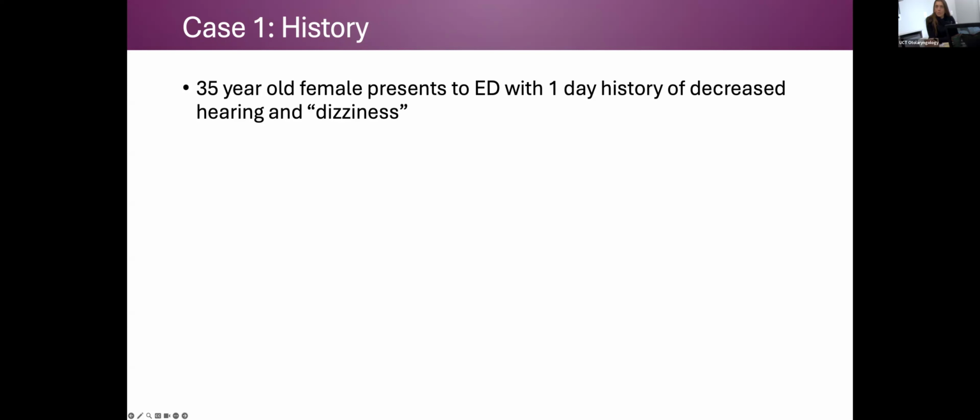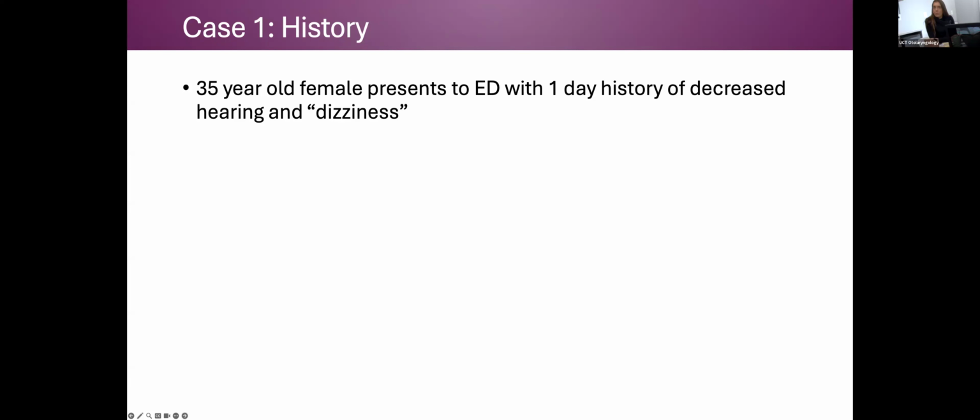You'd want to know what she actually described the dizziness as without using the word dizzy. Is the room spinning? Is she spinning? Does she have true vertigo or not? Very good. You'd also want to do a full ENT exam, including a cranial nerve exam, to see if there's any cranial nerve fallout.